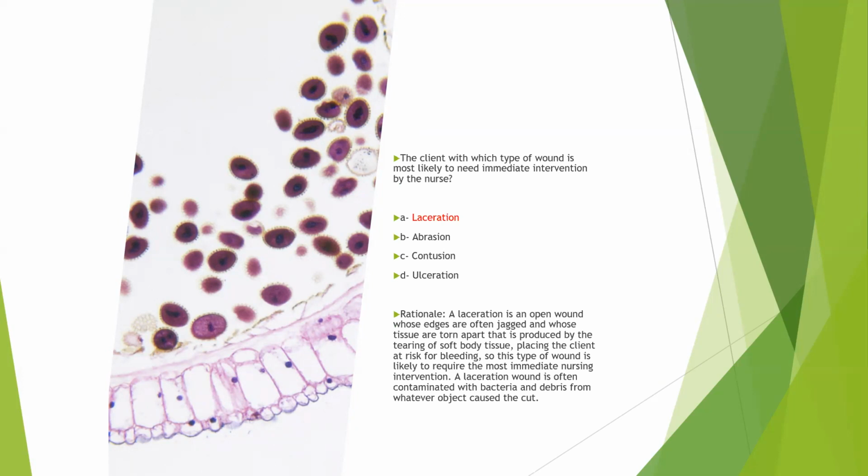That is produced by the tearing of the soft body tissue. This places the client at risk for bleeding. So this type of wound is likely to require the most immediate nursing intervention. Please make sure you know the differences and the definitions and the signs and symptoms of these common wounds. So again, the laceration wound is often contaminated with bacteria and debris from whatever object caused the cut. So this will require immediate intervention by the nurse.